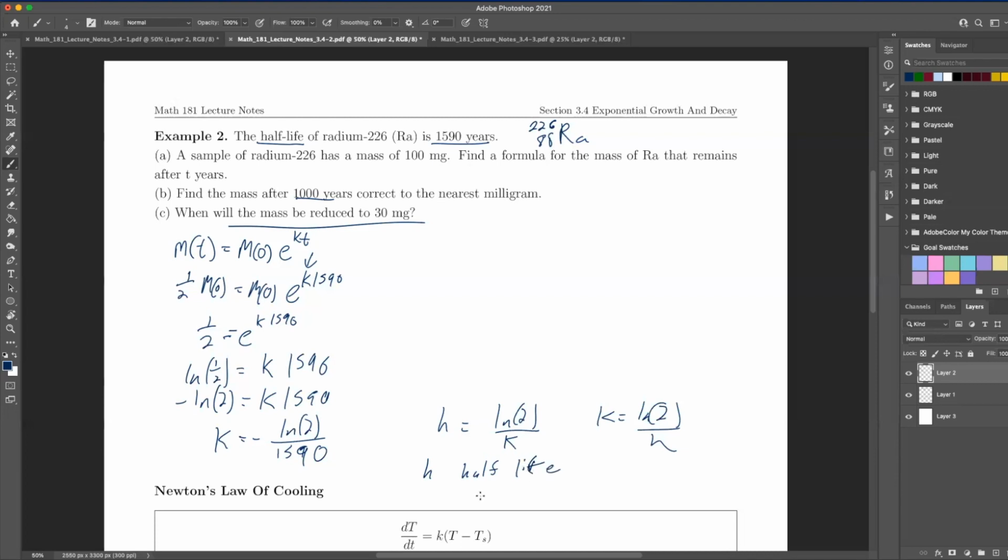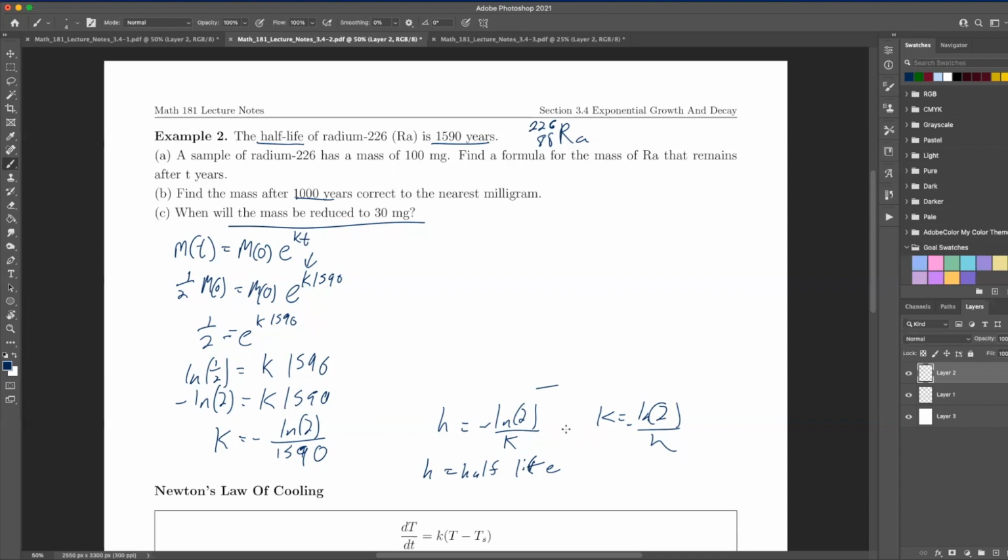Your book doesn't give you these formulas, so I'm going to just give them to you real quick. This is always true. Since this is decreasing, for half-life it'll be negative. If it's how long it takes for a population to double, you can use the same thing. These are very common in population models and in half-life models.